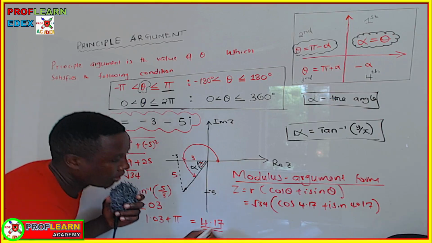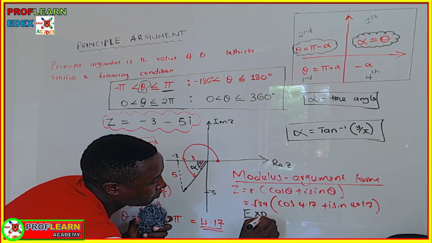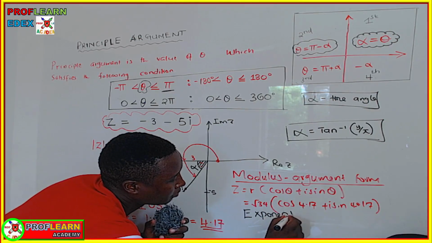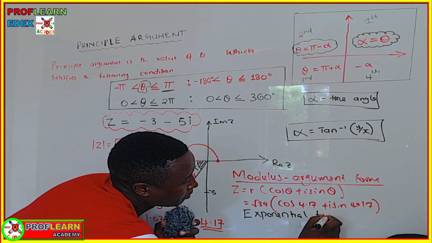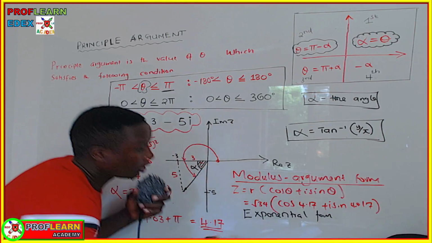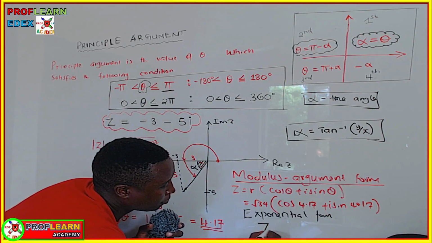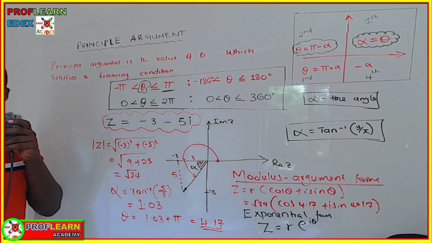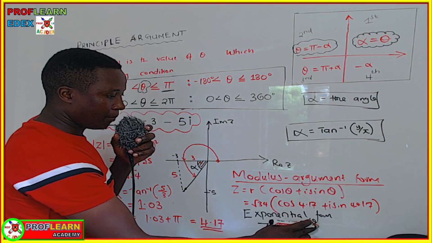If you are told to write in exponential form, it is usually written as r e to the i theta, where theta is the principal argument.